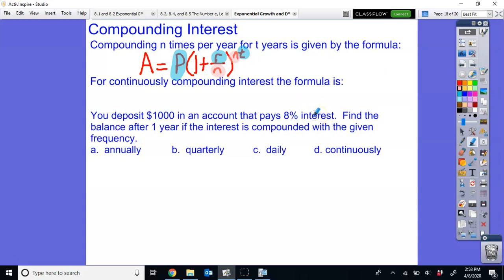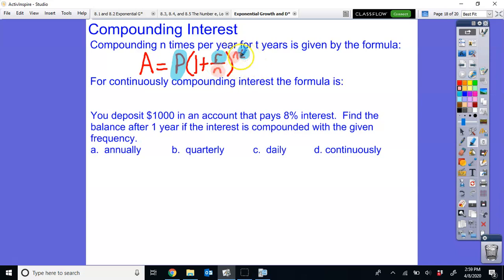Essentially what's happening, and it's hard to explain without me looking at you face to face, is they take that r, that percentage rate, and divide it up over the number of months, or over the number of days, or if it's quarterly, 4 times in a year. They divide the rate up to how many times you add the rate.